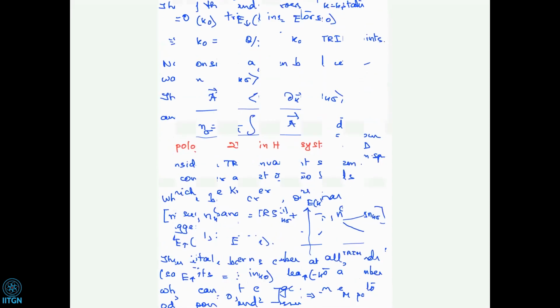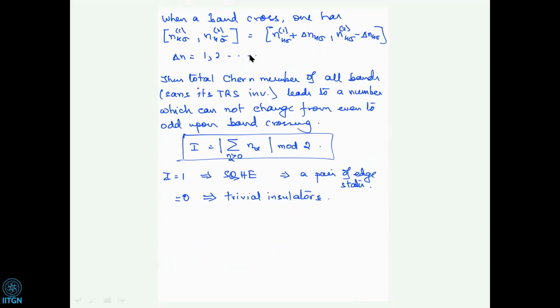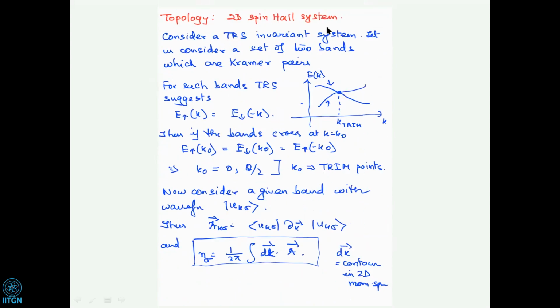Now let us look at what happens at the crossing. When the bands cross, before and after crossings, their Chern number can change. This is something that Rahul Roy showed, and the way to understand it is that this crossing point is a singularity as far as the bands are concerned, and because it passes through a singularity, its Chern number can change.